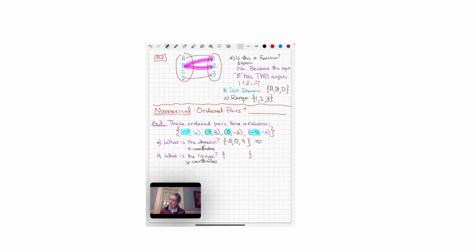Just like last time, I think I'll color code. Be sure to put these guys in number order.